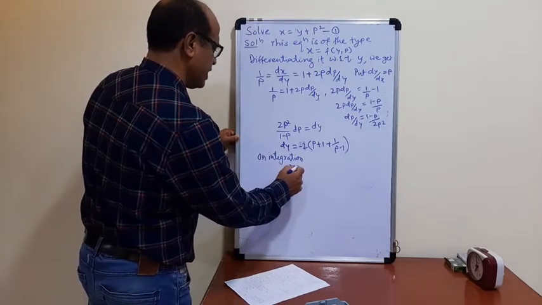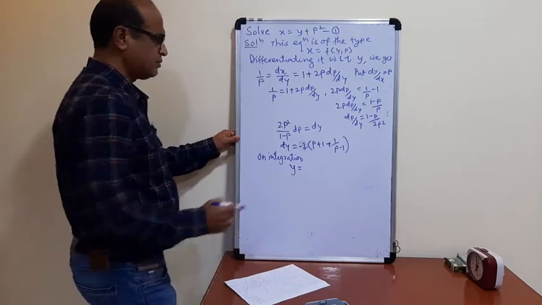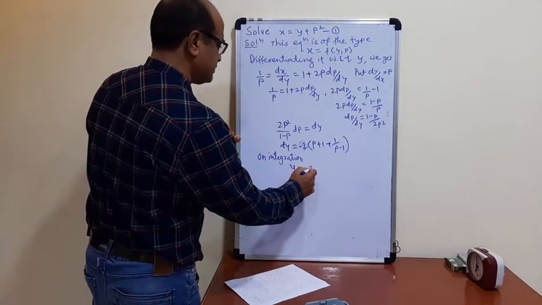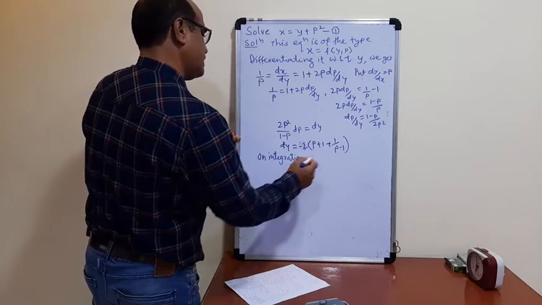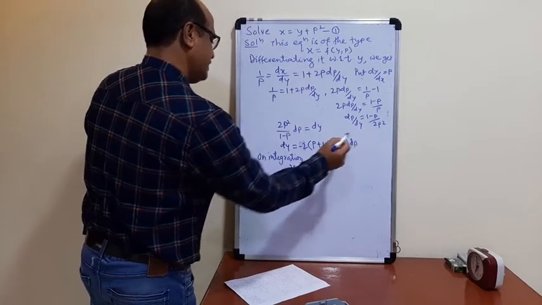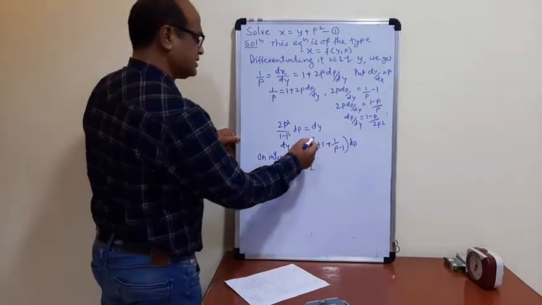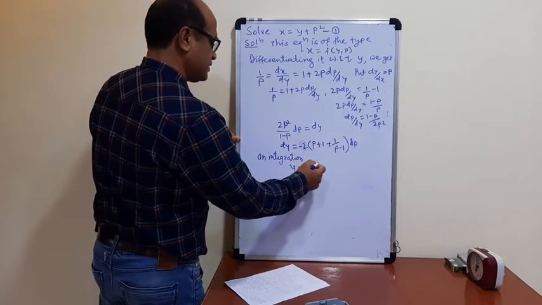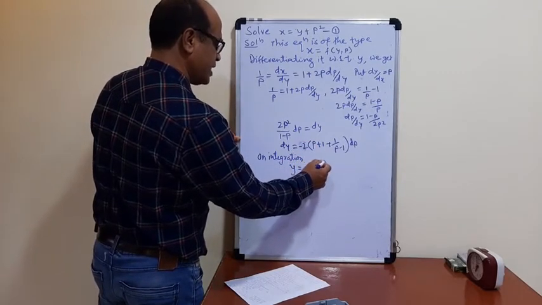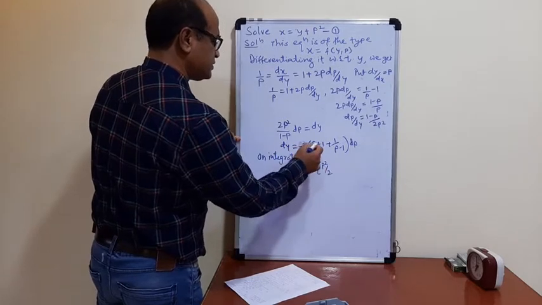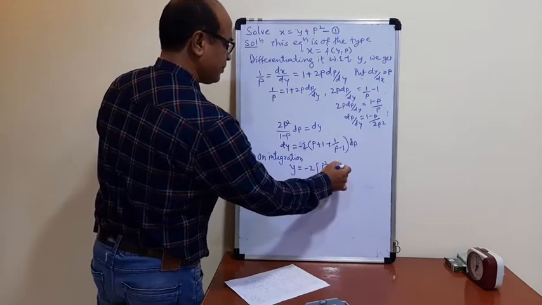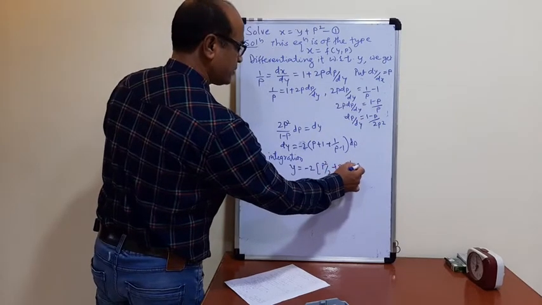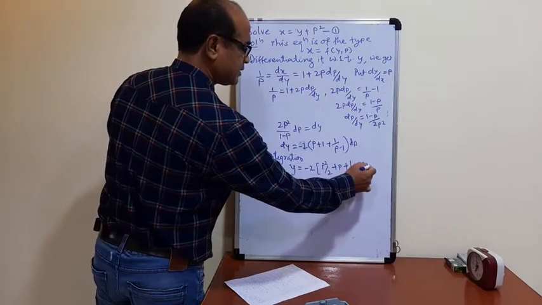So this is y. So minus 2, dp here, minus 2. What is the integration of p? So that is p square by 2. And what is the integration of dp? So p plus log of p minus 1.